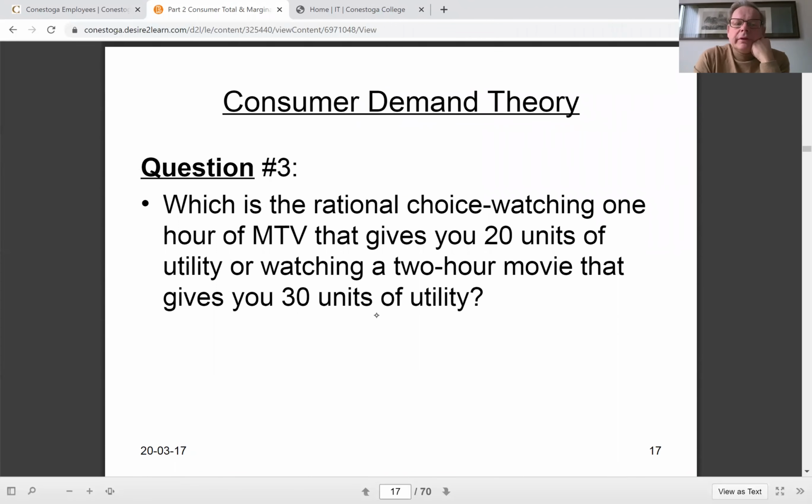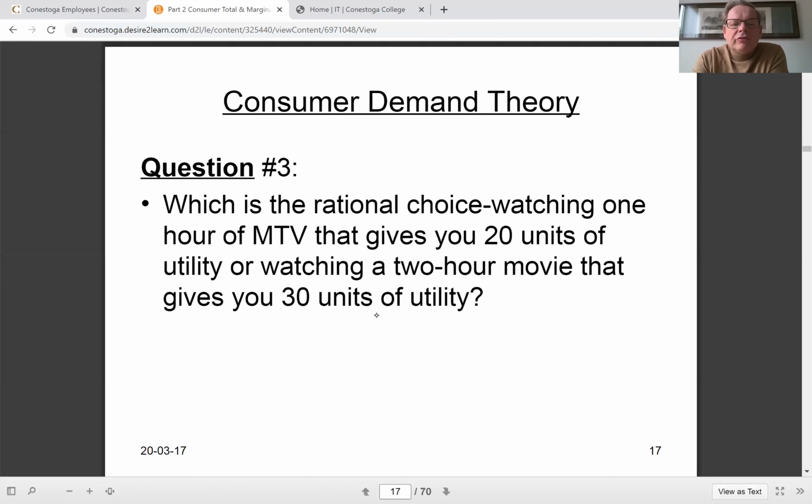Question number 3. Which is the rational choice: watching 1 hour of MTV that gives you 20 units of utility, or watching a 2-hour movie that gives you 30 units of utility? The key thing to remember here is that you have to find a common denominator. And the common denominator here is the number of utils that you receive on a per hour basis.